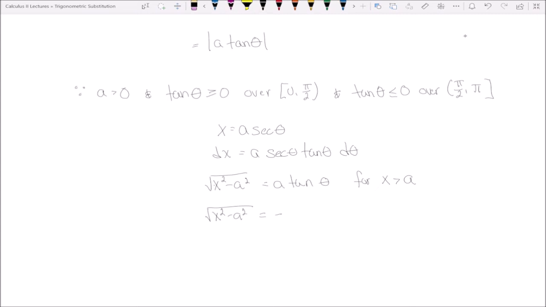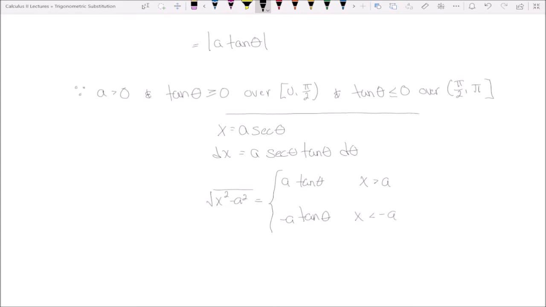So what I'm going to do is write this piecewise. I think that'll be simpler. And so negative a tangent of theta when x is less than negative a. Now, by convention, if we're just simply dealing with an antiderivative, that is an indefinite integral, we will take the positive a tangent of theta instead.